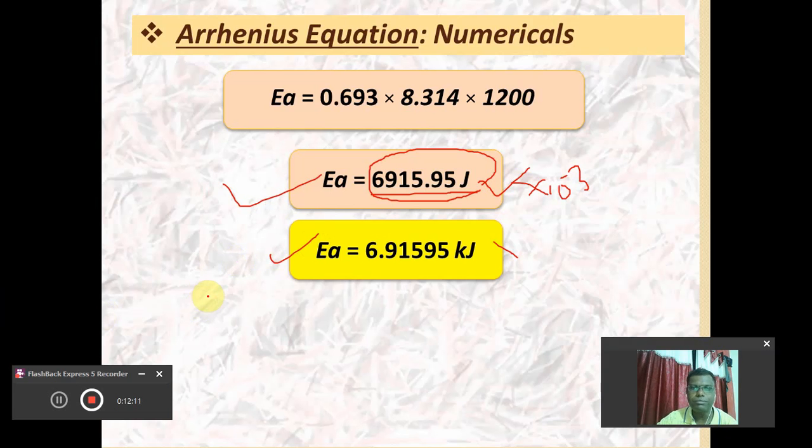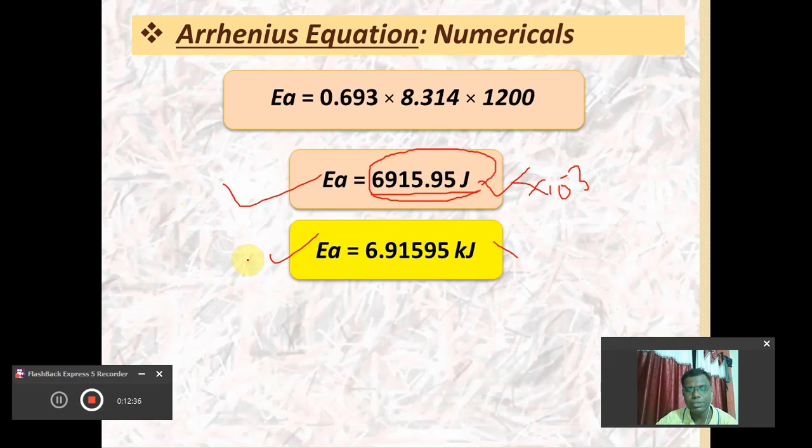So dear friends, I think you got a clear idea about this Arrhenius equation, how we can calculate the energy of activation of any chemical reaction, particularly of the first order, on the basis of the Arrhenius equation. This is a very important equation that can be used to calculate the energy of activation of any simple chemical reaction of first order, whenever the two rate constants at two different temperatures are provided.